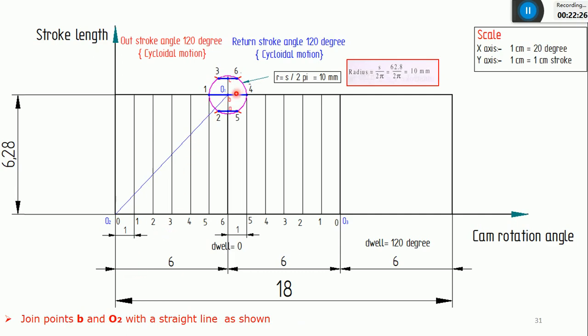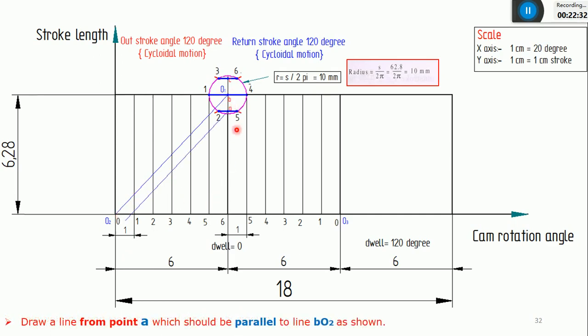You can see O1 and B are at this point only. So I'll join O1 to O2 like this. And after that, from point A, I'll draw one line which is parallel to this previous line. You can consider it as BO2 also, because at this point, both B and O1 come.